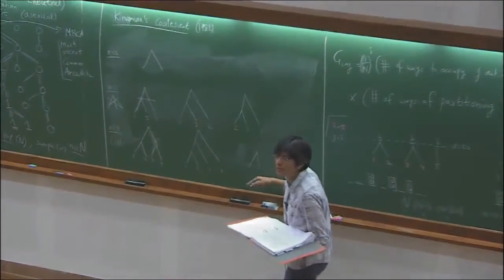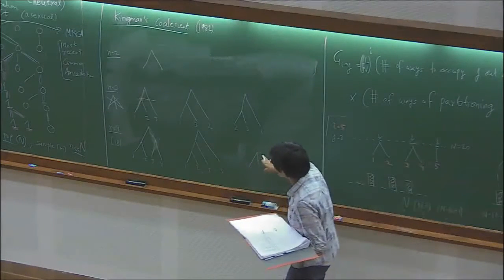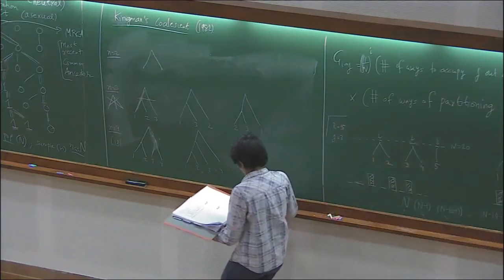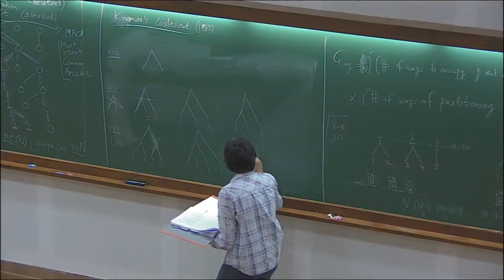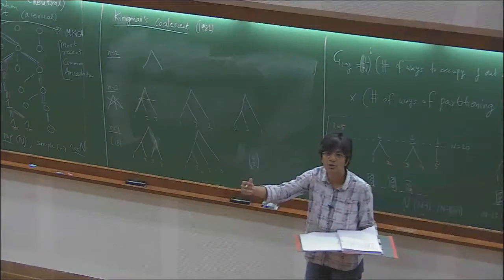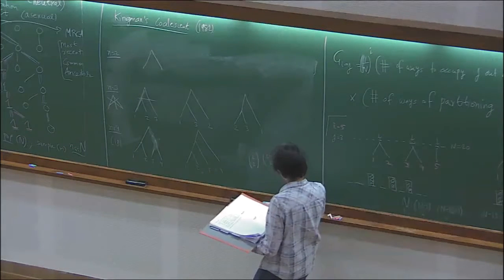But then I have I minus 1 left, and I choose any 2 of them. So the total number of trees in this manner is simply this. It's exponentially large.